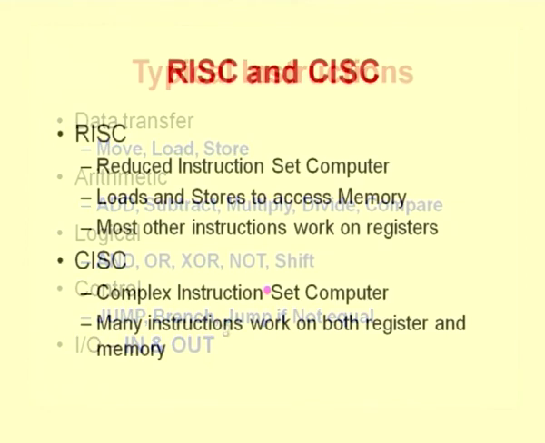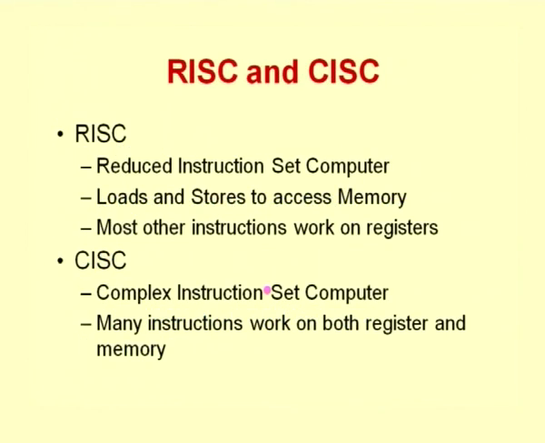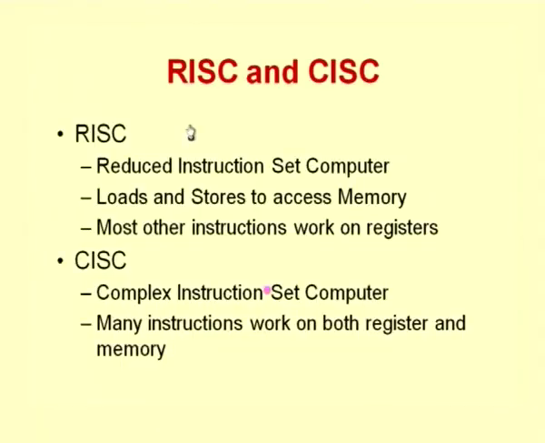Coming to the RISC and CISC types of architectures that we mentioned a little earlier, based on the instruction set that we have, we normally divide the architectures into 2 types, a RISC architecture and a CISC architecture. RISC stands for reduced instruction set computer. What do we mean by reduced instruction set computer?